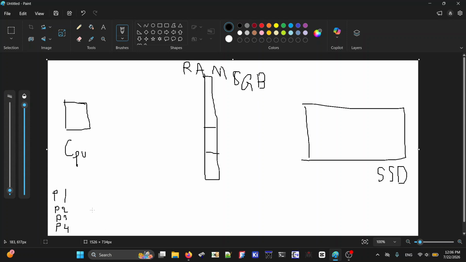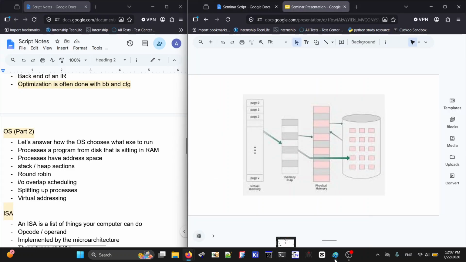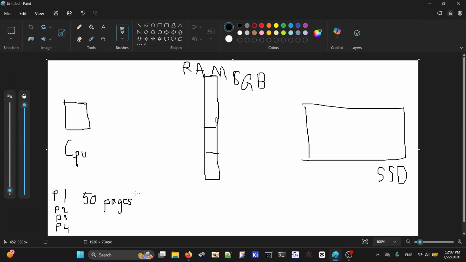Well, what we can do is split all of this up into what are called pages. So let's say each gets 50 pages for all of its stuff. Now we have 50 pages, and we can ask, what are the 10 most used pages?